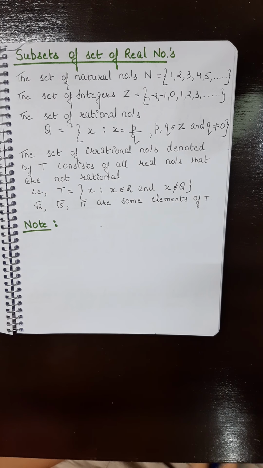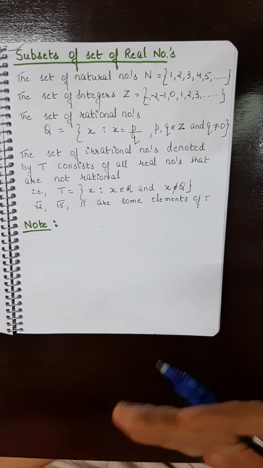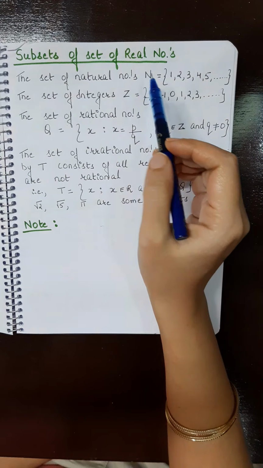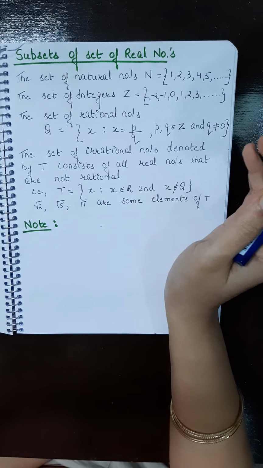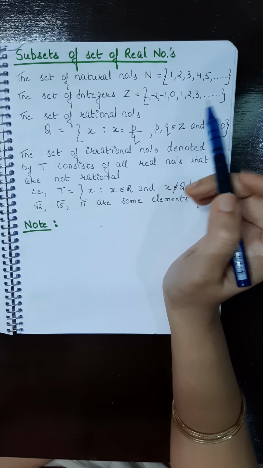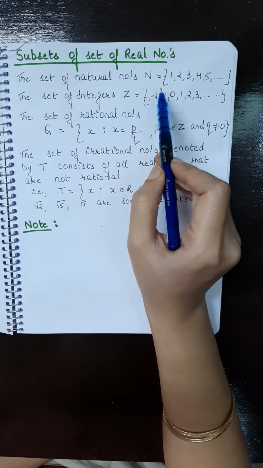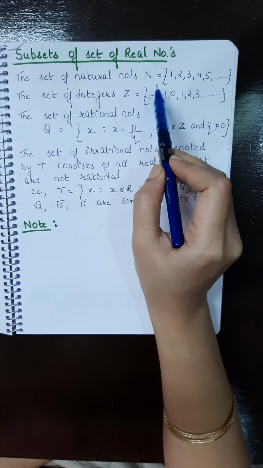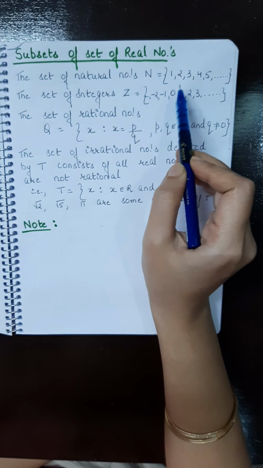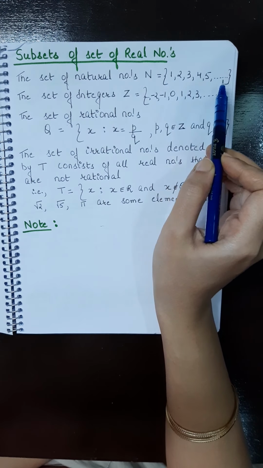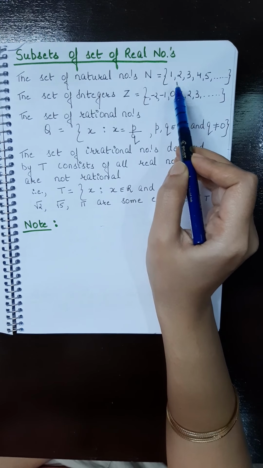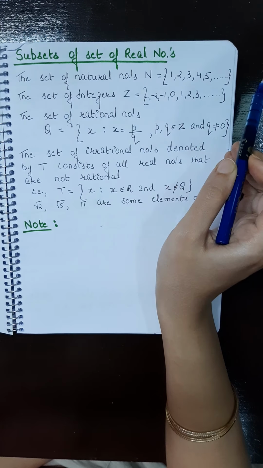Now let's see the subsets of the set of real numbers. We know the real numbers. Now first of all, just recall all the sets: set of natural numbers, set of integers, rationals and irrationals. So what is the set of natural numbers? Denoted by capital N, this set starts with 1 and has discrete numbers 1, 2, 3, 4, 5 and so on.